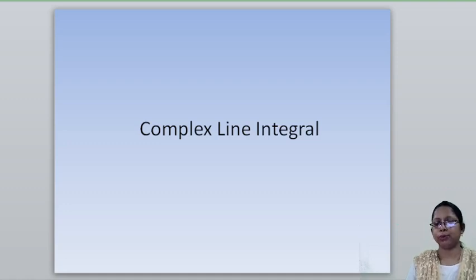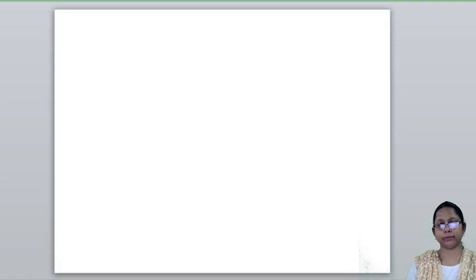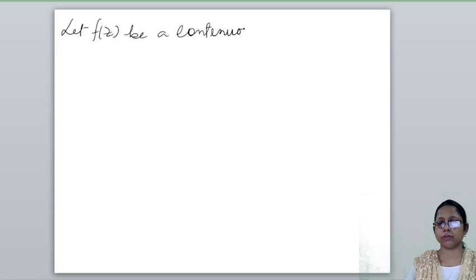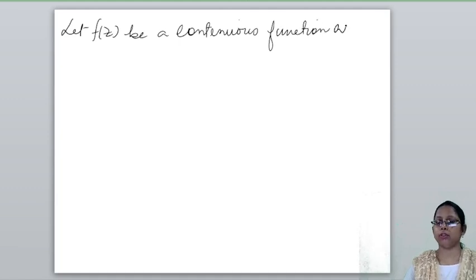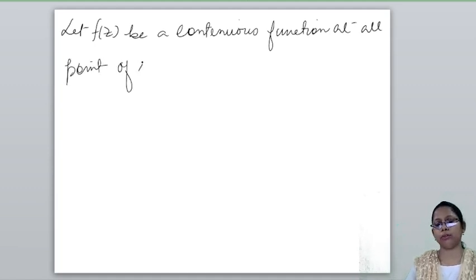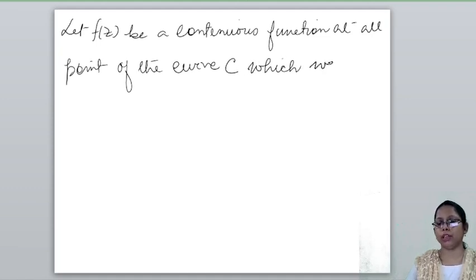In this lecture, we will discuss complex line integral. Let f(z) be a continuous function at all points of the curve C, which we assume has finite length.